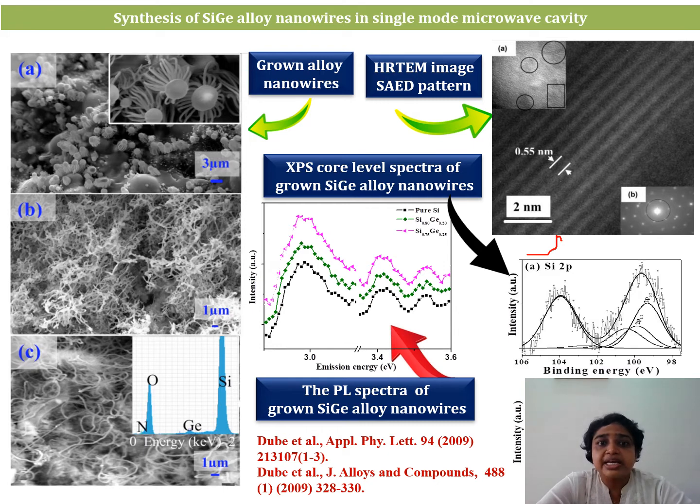Then we did EDX measurement, and we got the same information from EDX also. We took PL spectra, and we found that these grown alloy nanowires are very good emitters. Basically, defects in the oxide resulted in this kind of emission.